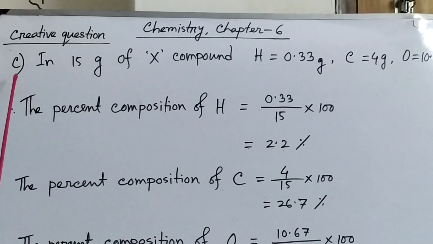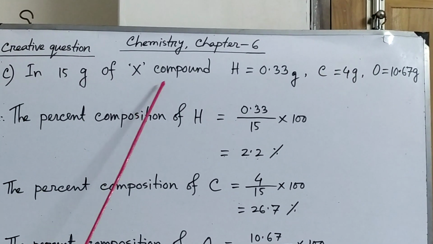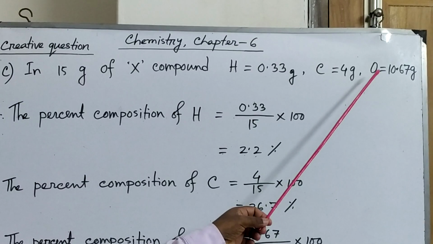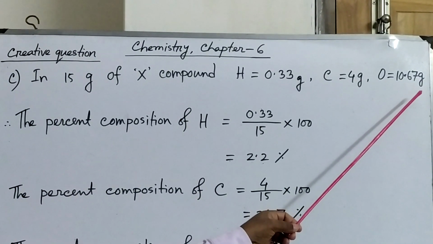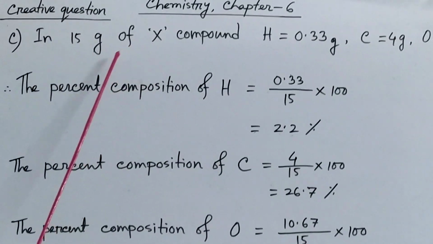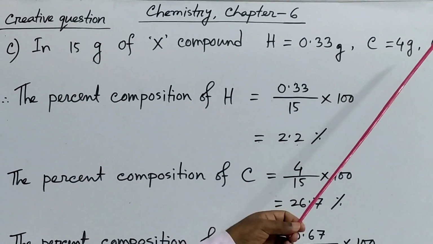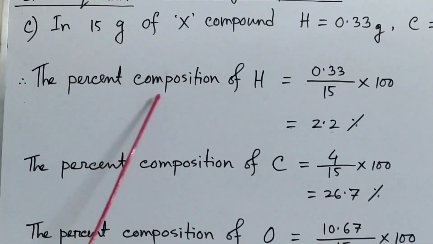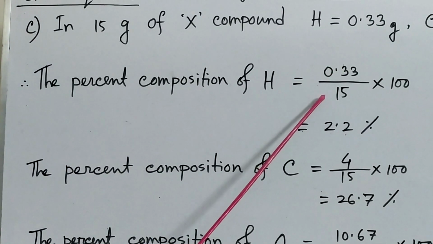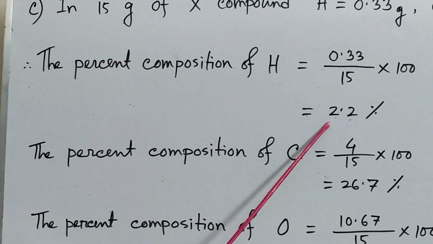Okay. Now number C. It is given that in 15 gram of X compound, hydrogen equals 0.33 gram, carbon equals 4 gram, oxygen equals 10.67 gram. Now we have to find out the percent composition. Here the total amount is given as 15 gram and each element amount is also given. So the percent composition of hydrogen equals 0.33 divided by total amount 15, then into 100, so it will be 2.2%.